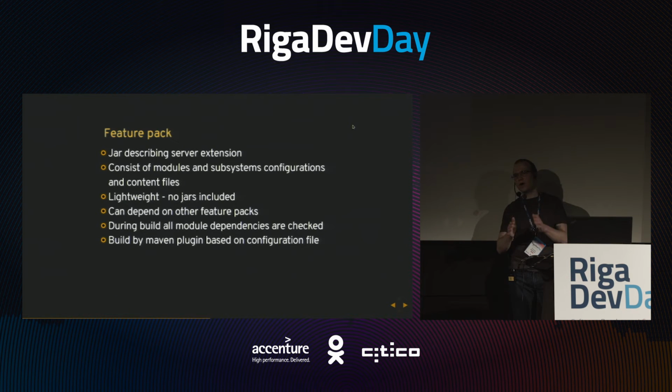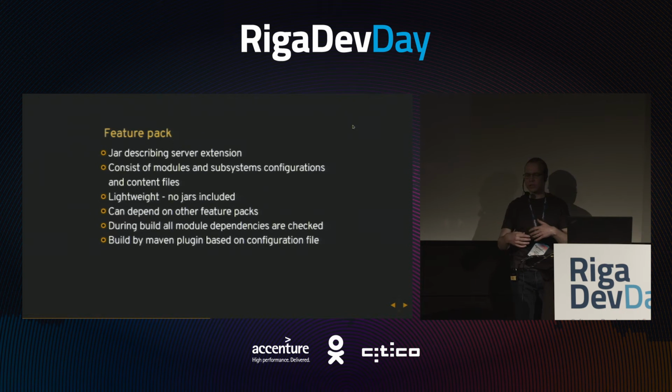What do I mean by that? So again, if we have this web feature pack, and it depends on the core feature pack, it means that, for example, to be specific, it requires an extension interface, because such an interface has to be implemented so that it can be used in the core. But the extension interface is located in the core feature pack.